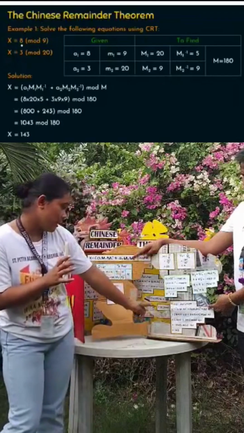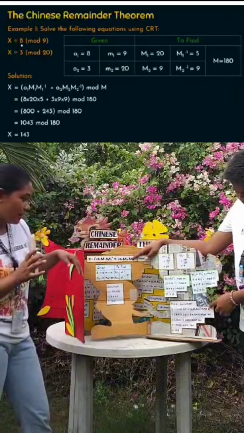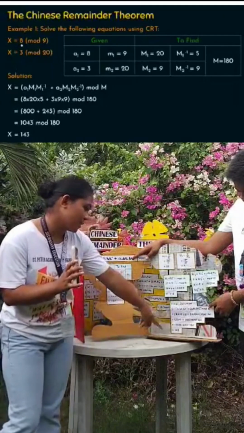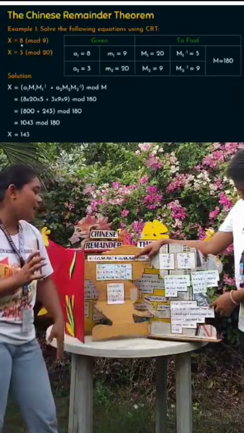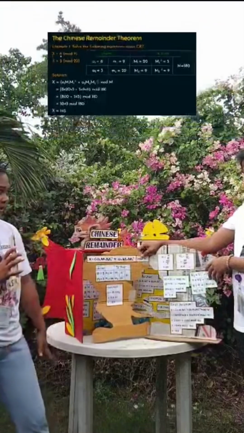So here we multiply and add. We've got 800 plus 243 mod 180. So we add them, we've got 1043 mod 180. So 1043 divided by 180, we get remainder 143.